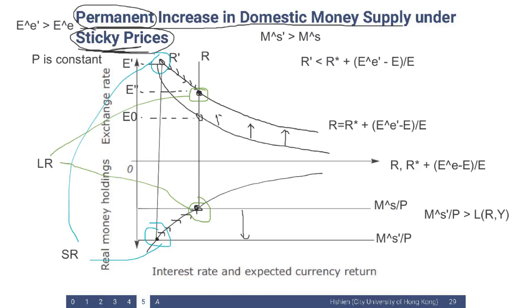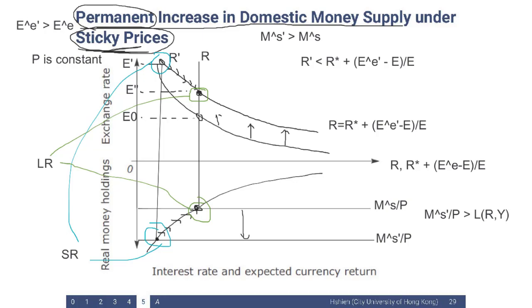Increase in domestic money supply, that just means that we have also here MS prime is greater than MS. And so for now, let's stick with sticky prices, but we can relax that soon. So sticky prices mean P is constant. So let's just shift the curves and see what happens, condition by condition.